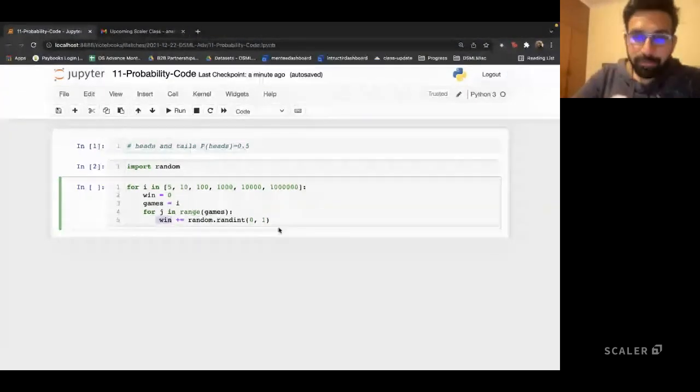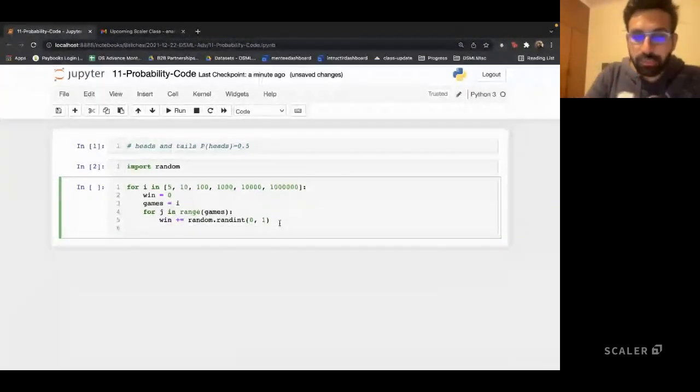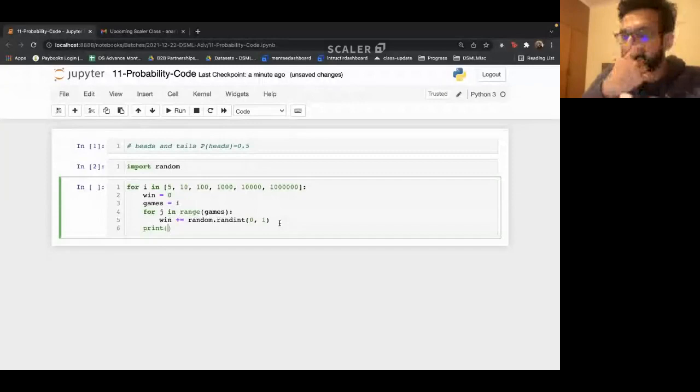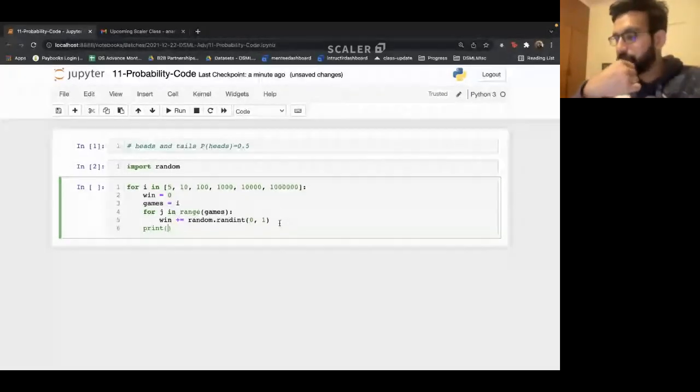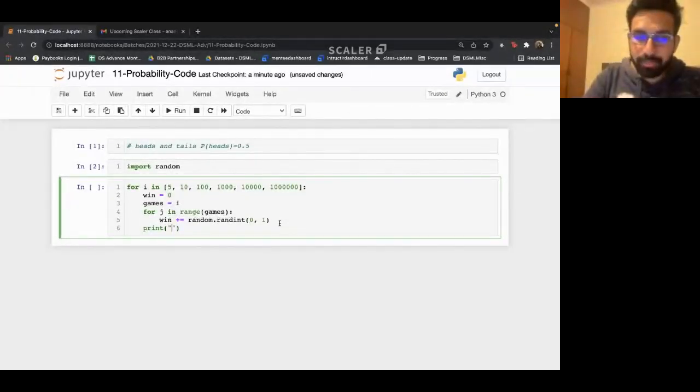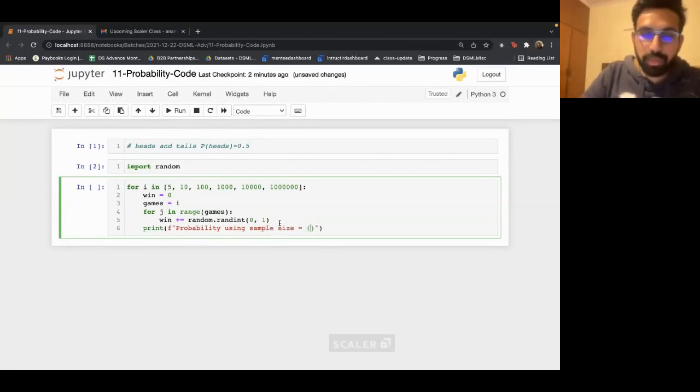And finally, once this for loop is done for these many number of games, I can just calculate the probability. Let me print probability using sample size equals number of games.